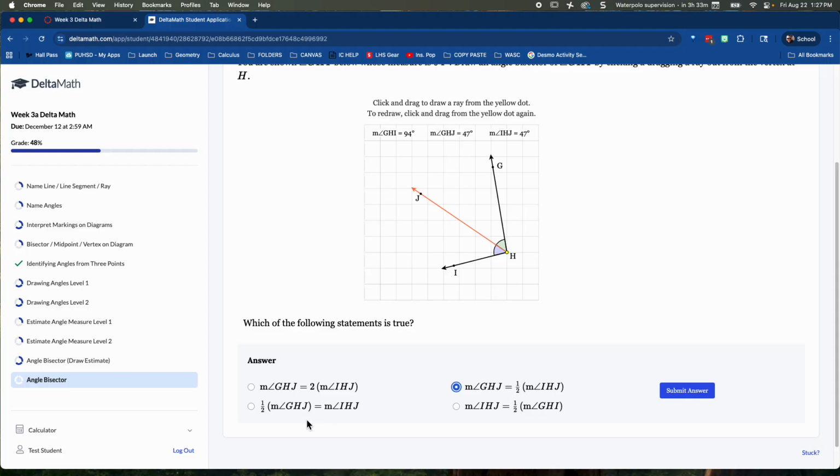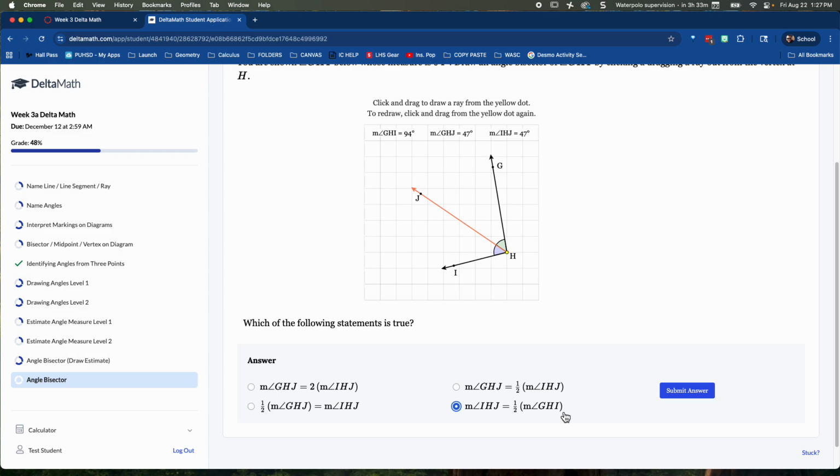Well, let's keep trying. Now I have GHJ, again, that's the green. IHJ, that's the purple. Still not quite there. It must be this last one, but let's see why. IHJ is the purple piece.